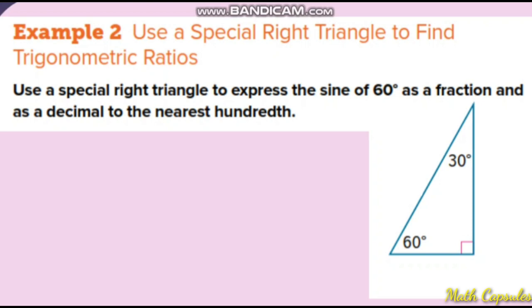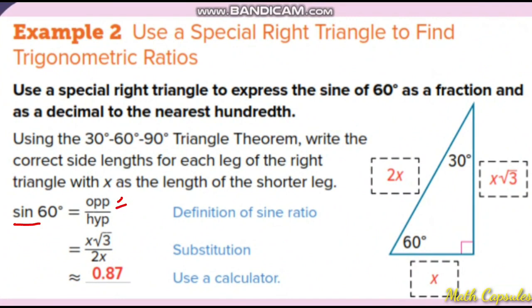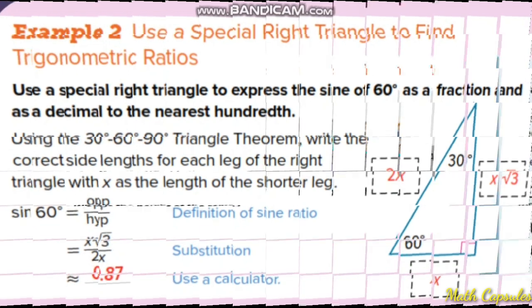If we give the opposite side of 30 a value x, this means that the hypotenuse will be 2x, and the opposite side of 60 is x root 3. Sine 60 will be opposite over hypotenuse, that is x root 3 over 2x. And if you use the calculator, you will get 0.87.